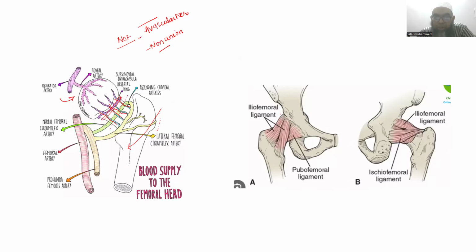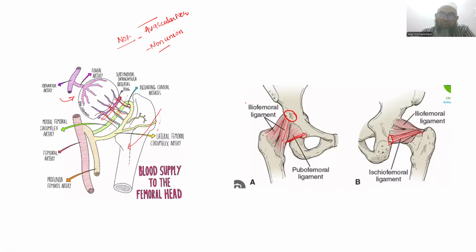And we have a few ligamentous attachments. This is the ilium and the femur, called the iliofemoral ligament. In the same way we have the ischium and the femur, the ischiofemoral ligament. Then we have the pubic bone and the femur, the pubiofemoral ligament.